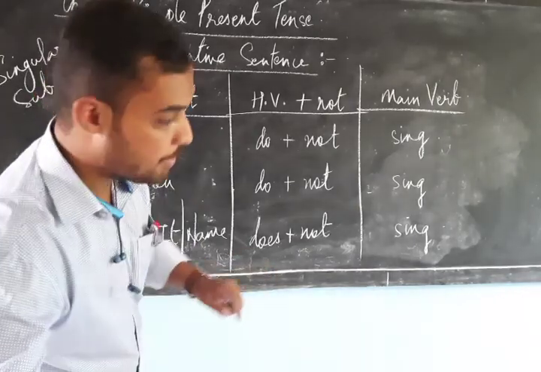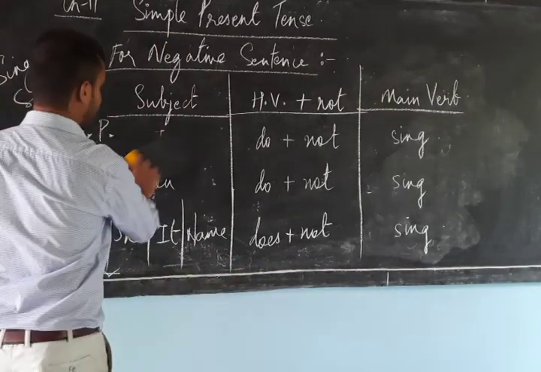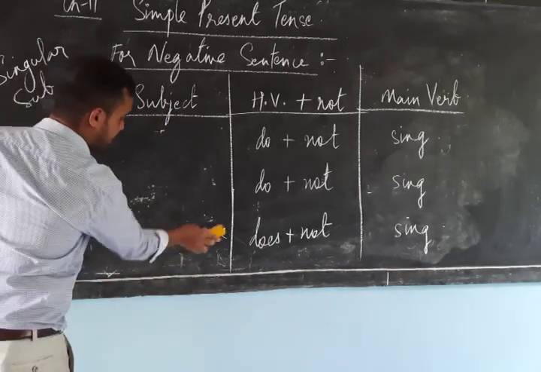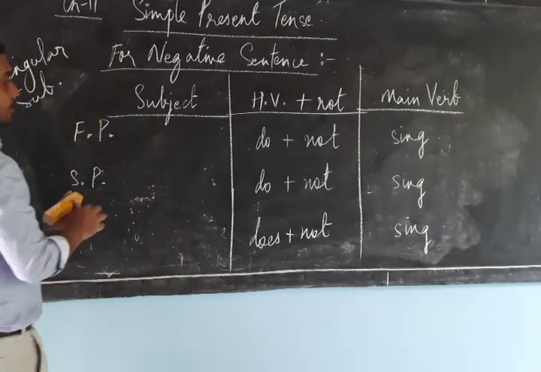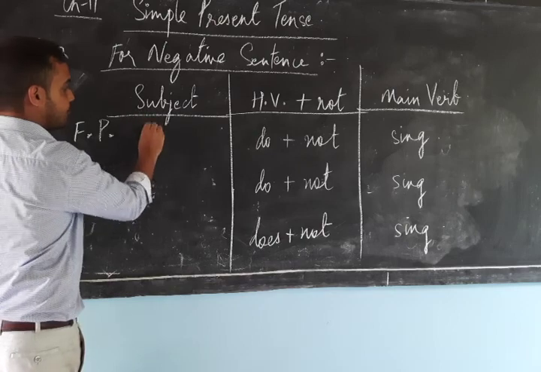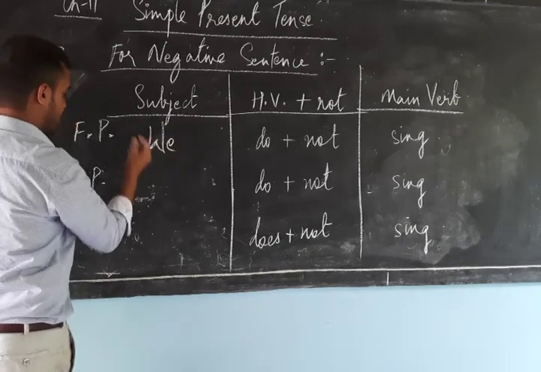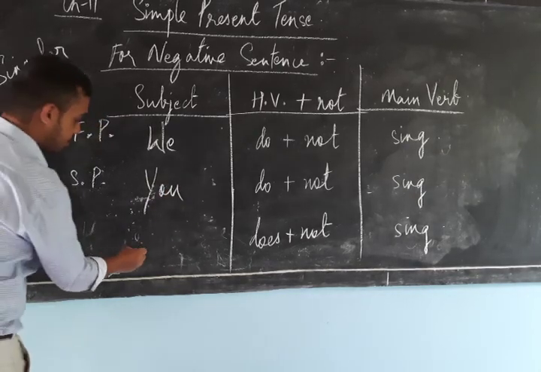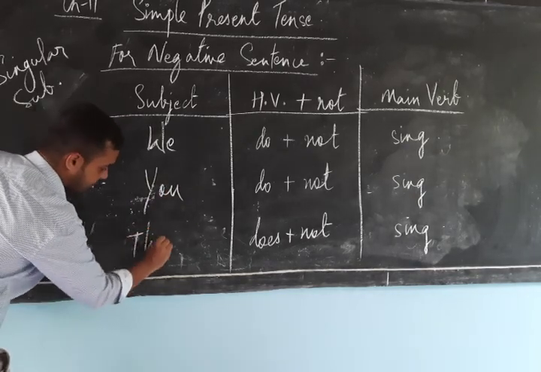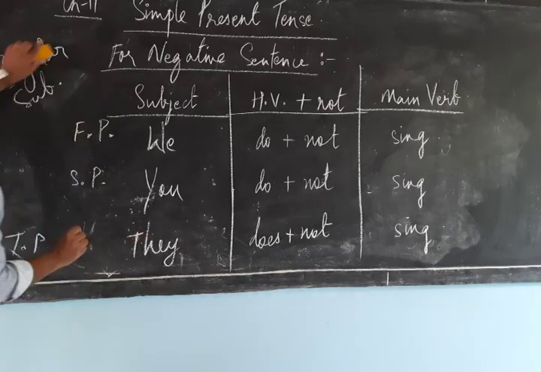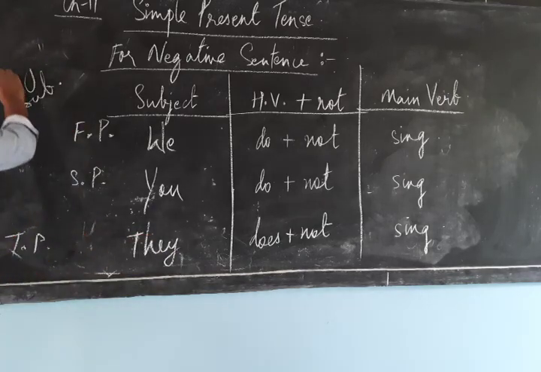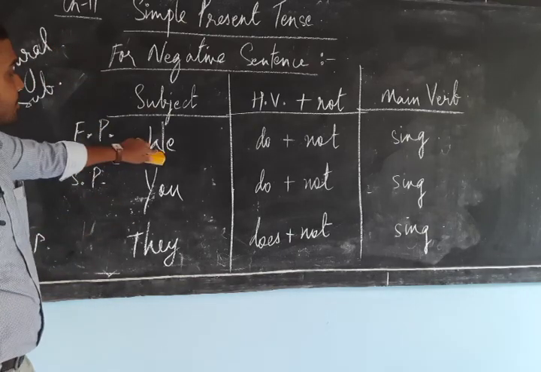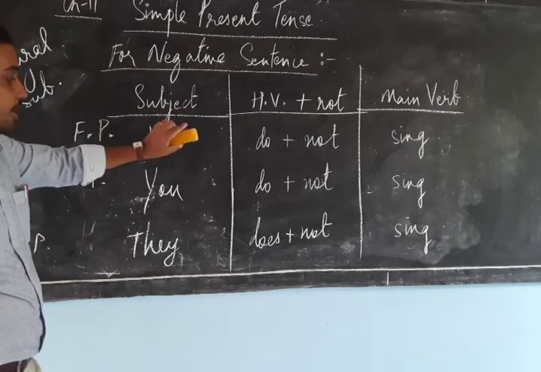But when I am using plural subjects, the case is different. For first person, I becomes we, you remains you, and in the third person the subject changes to they. For the plural subject we only change one place.